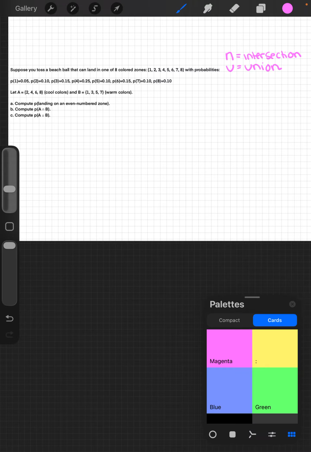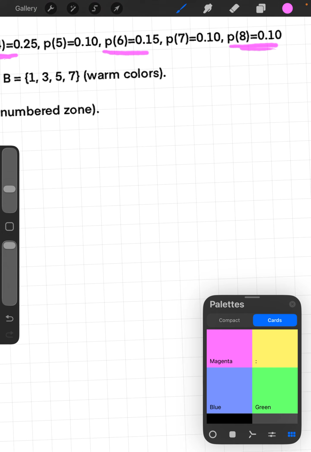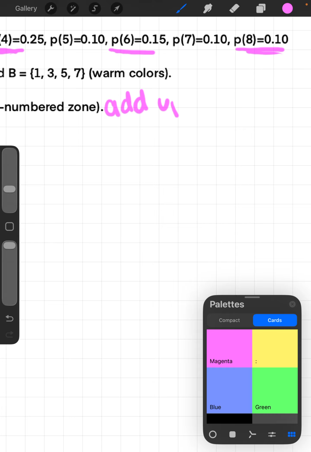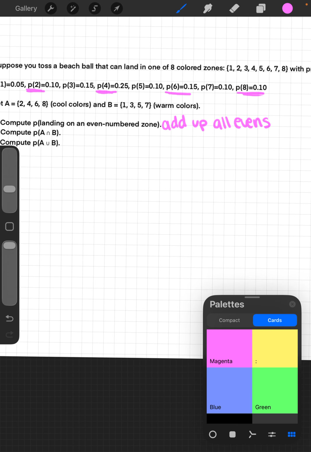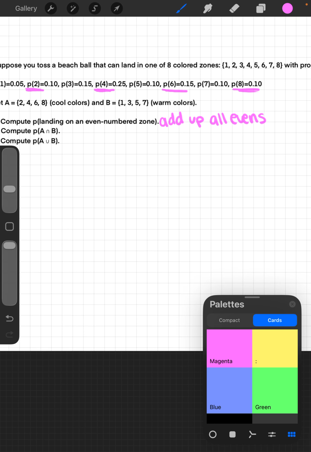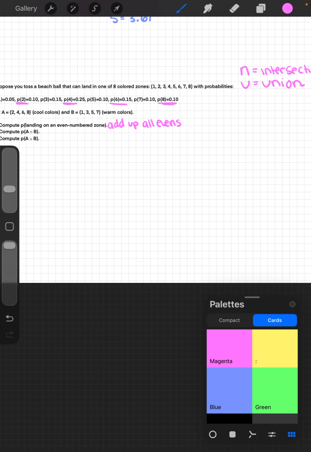Okay, so it wants to find the probability of an even number. And our even numbers are going to be 2, 4, 6, and 8. So we're going to add up all the evens. So P2, P4, P6, and P8.